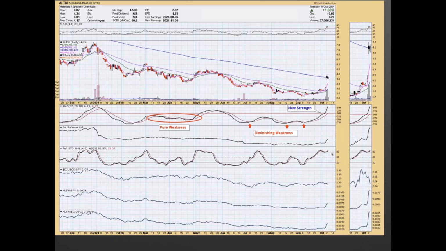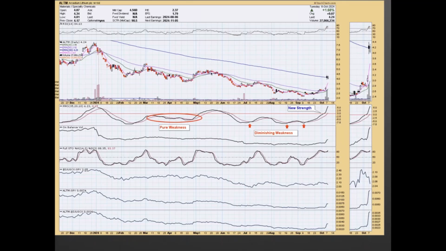Stochastics are also something I like to include. I don't use it as an overbought or oversold indicator. I like to see the stochastics get above 80, because while they're above 80 or near 80, usually price is doing what you want. Over here, you can see they were right on 80.